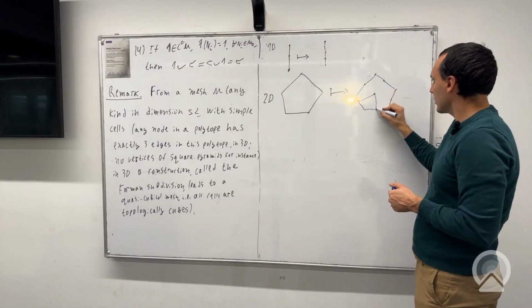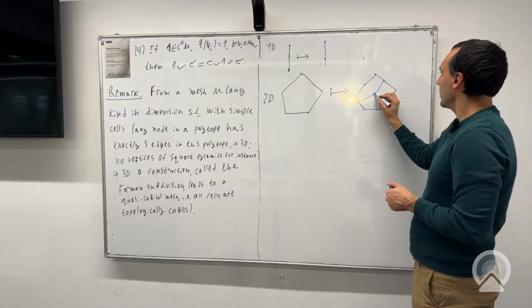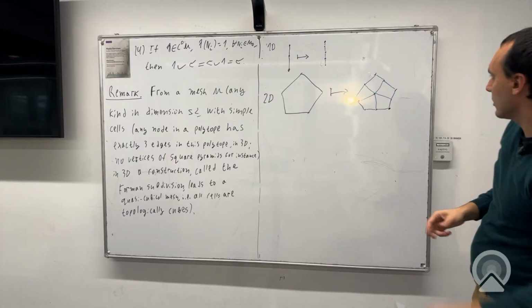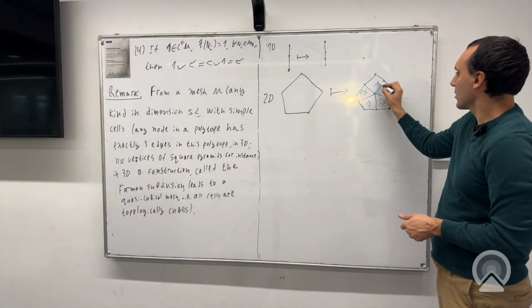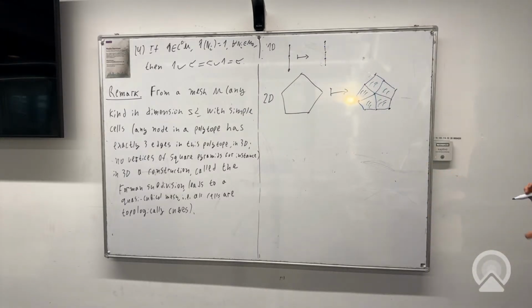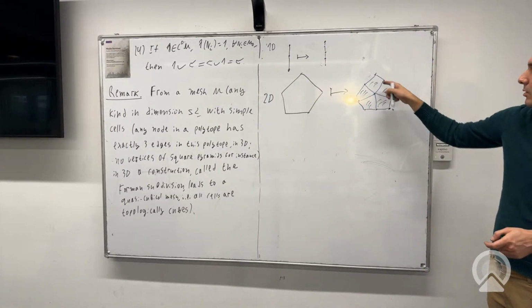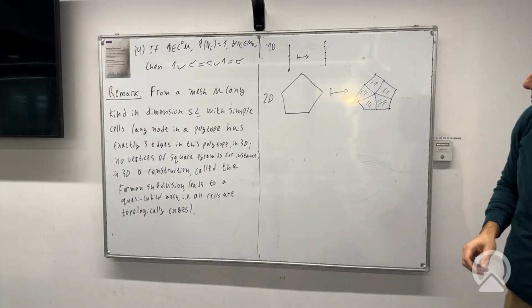It doesn't matter with the new nodes. And we have this here. So we started with a pentagon, but we have five quadrilaterals. Okay.